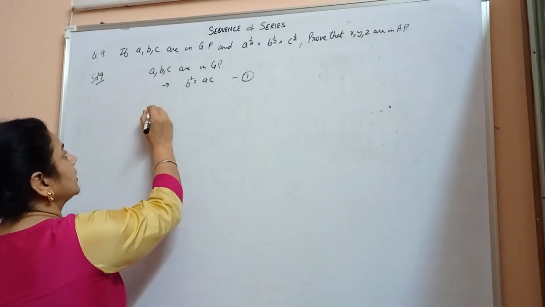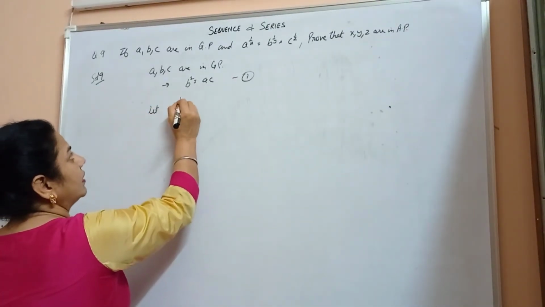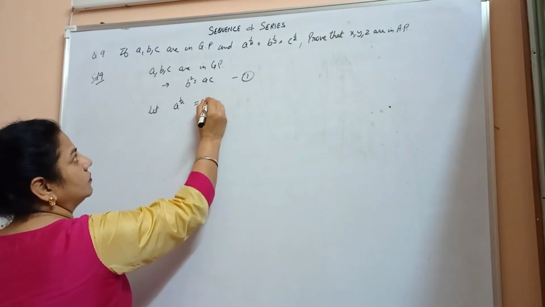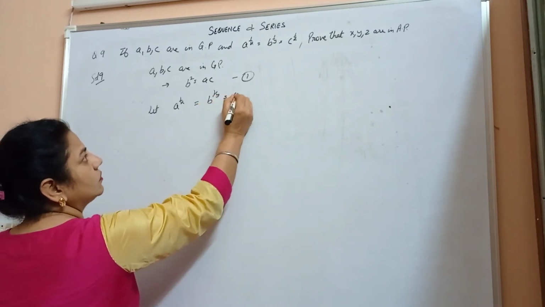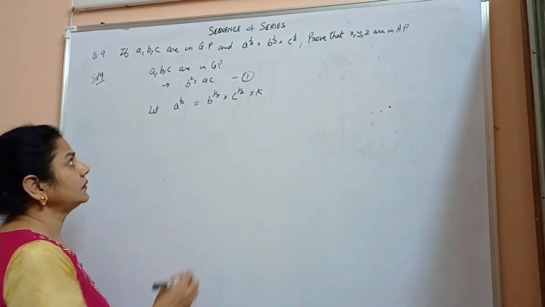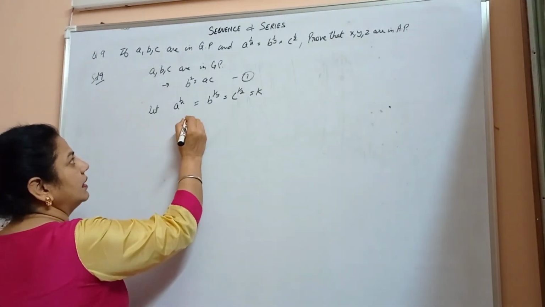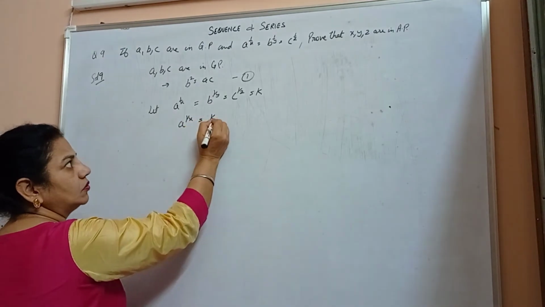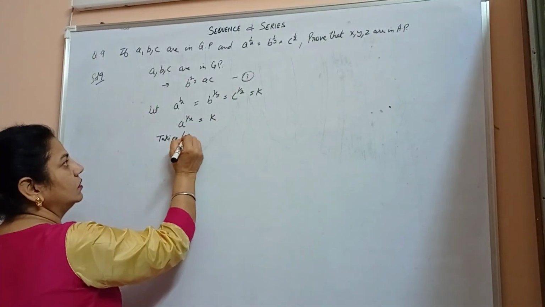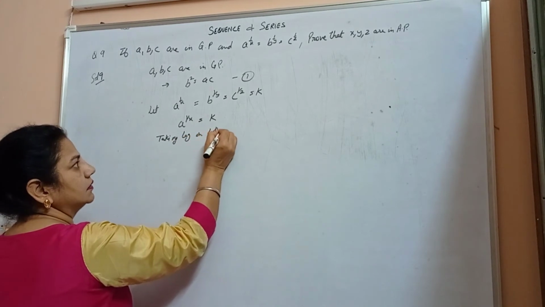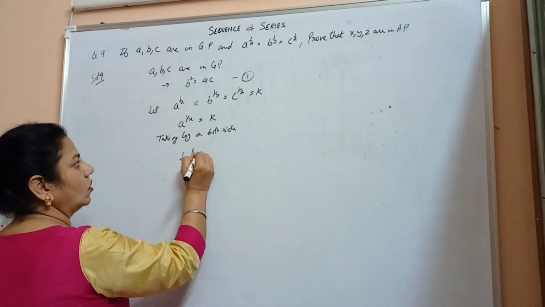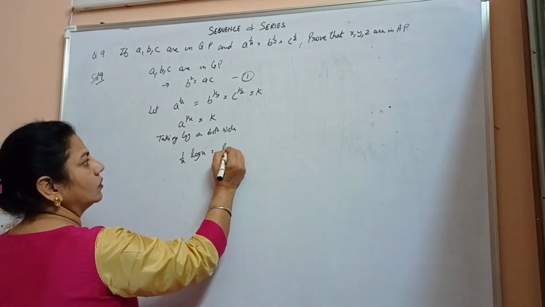Let a to the power 1 by x is equal to b to the power 1 by y is equal to c to the power 1 by z is equal to k, some constant k. Then a to the power 1 by x is equal to k. Taking log on both sides, what should I get? 1 upon x log a is equal to log k.